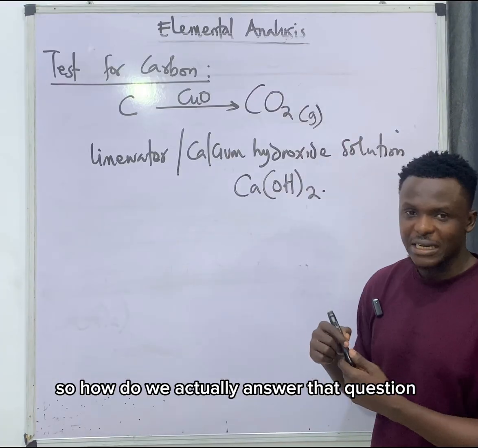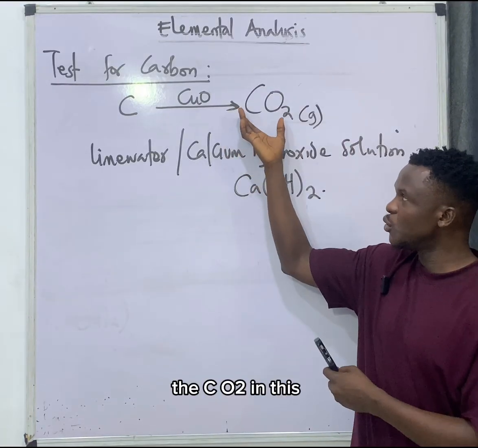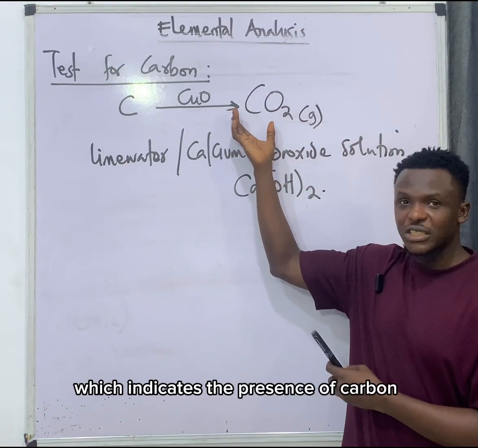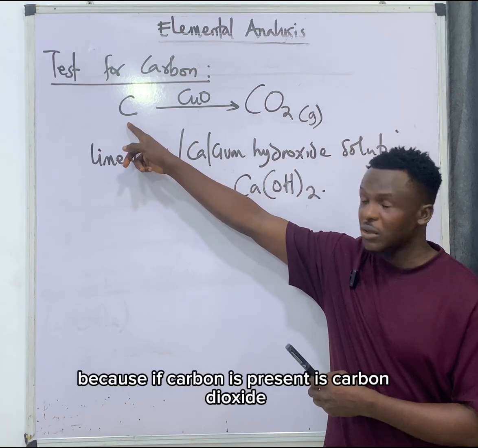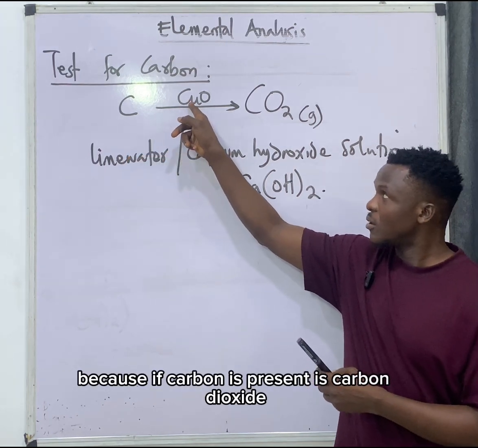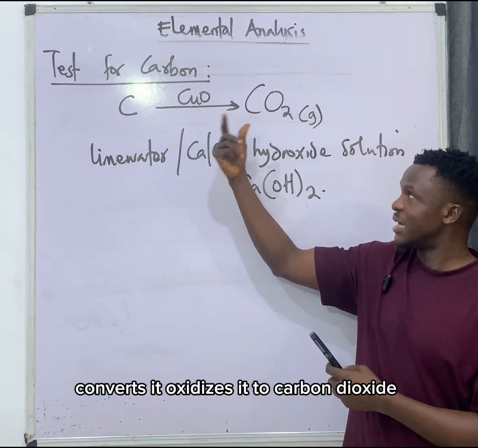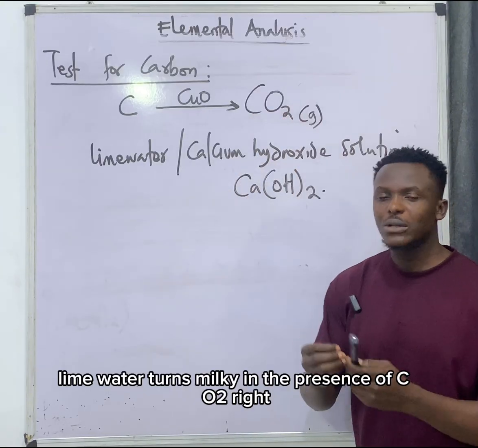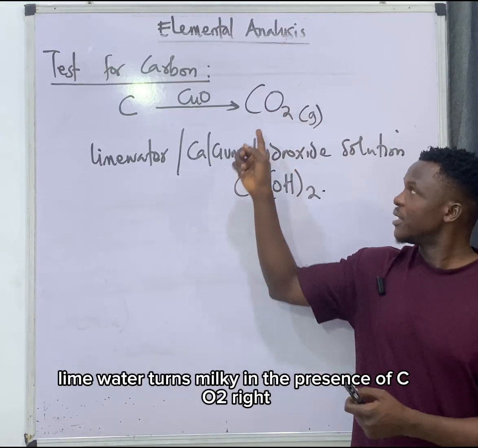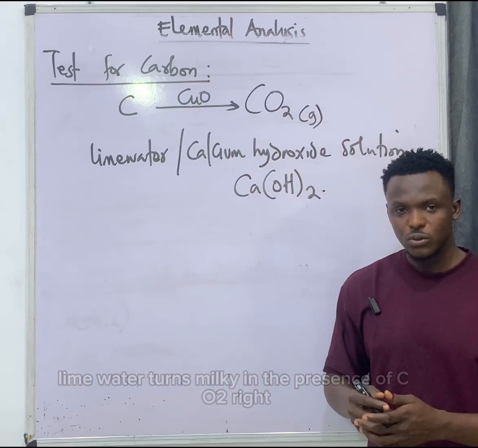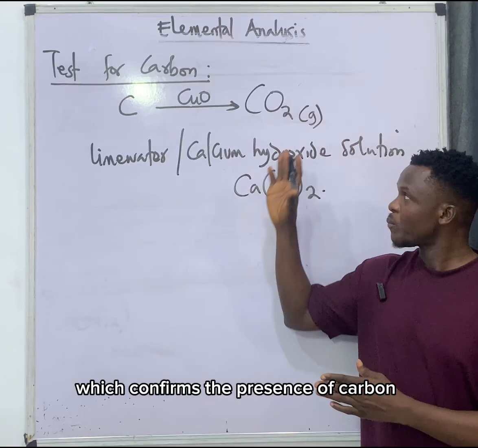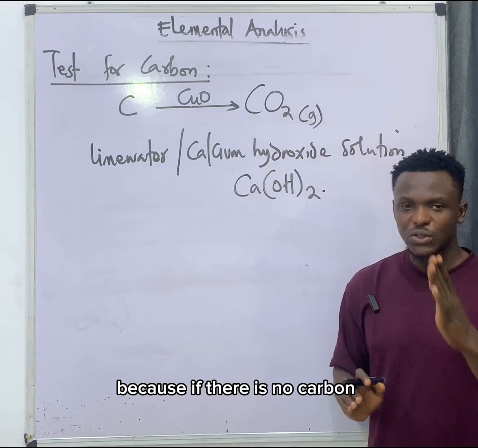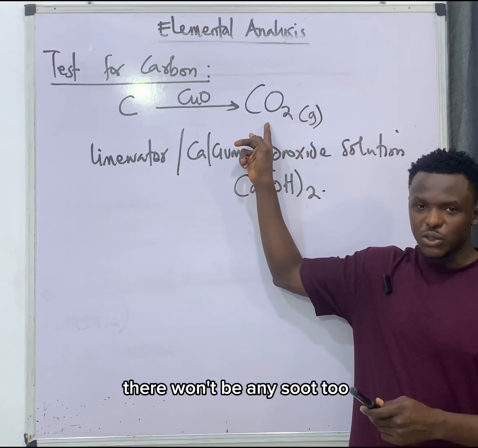The CO2 indicates the presence of carbon, because if carbon is present, copper 2 oxide oxidizes it to carbon 4 oxide, which is detected using lime water. If there is no carbon, there won't be any CO2.